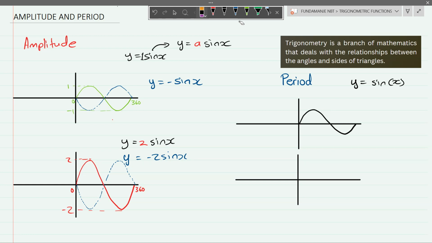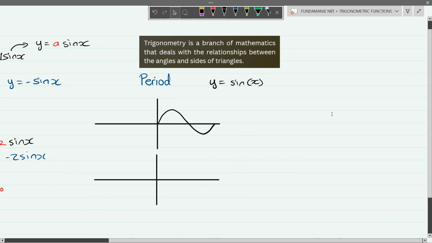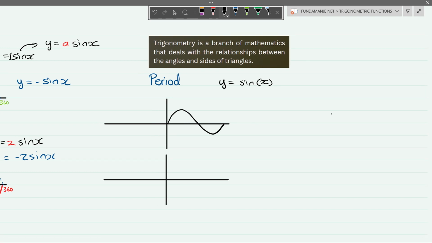Therefore, how can we influence the period? How can we make it such that the period is shorter or that it's longer? Well, this one is currently 360, but that's just because our coefficient is 1. Now, in order to get the period of a function, we refer to the base formula.